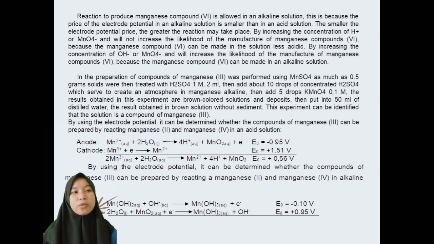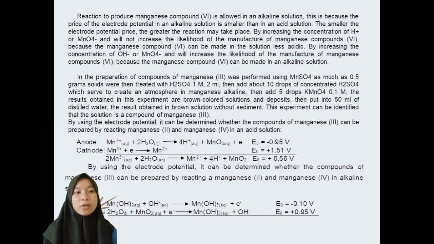The reaction to form compounds of manganese 3 is more likely in acid solution. This is because the electrode potential in acidic solution is smaller than in alkaline solution. The smaller the electrode potential, the greater the likelihood the reaction will take place.